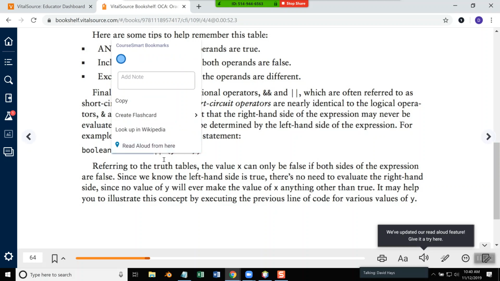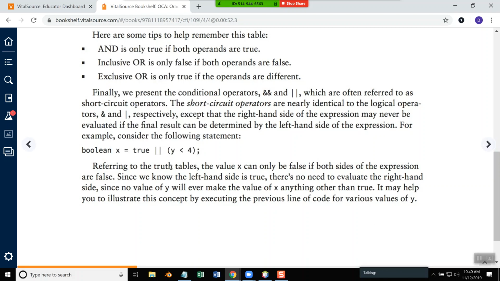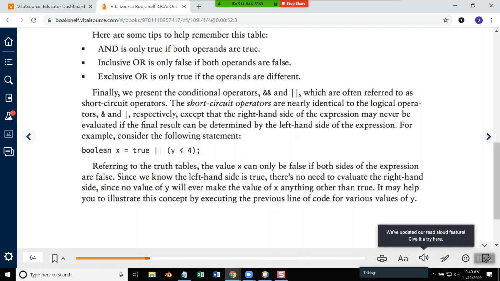Oh, what's this doing? Let's see. X equal true. So I think this will return true, or, and if one of them's true, then it doesn't even check the other one.